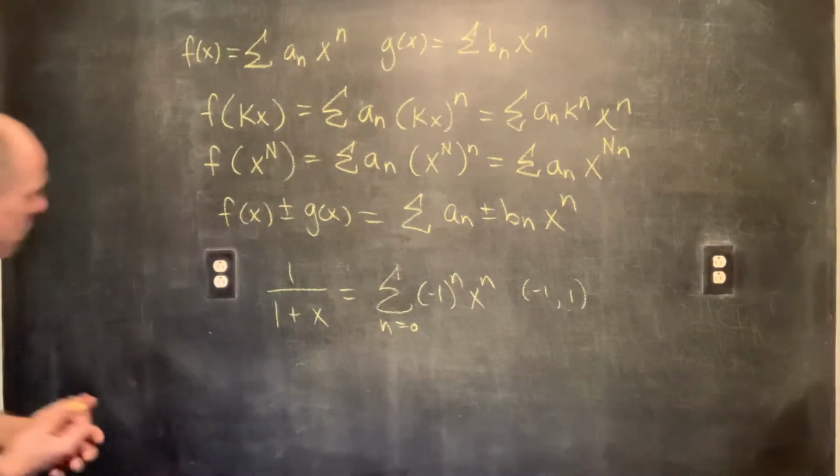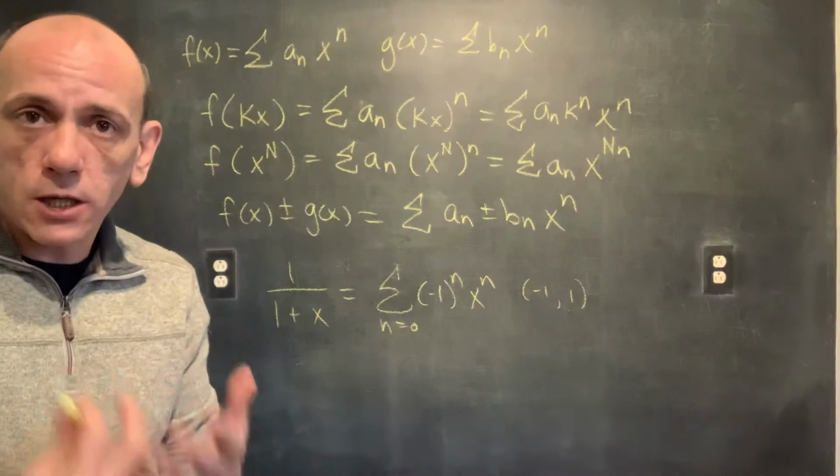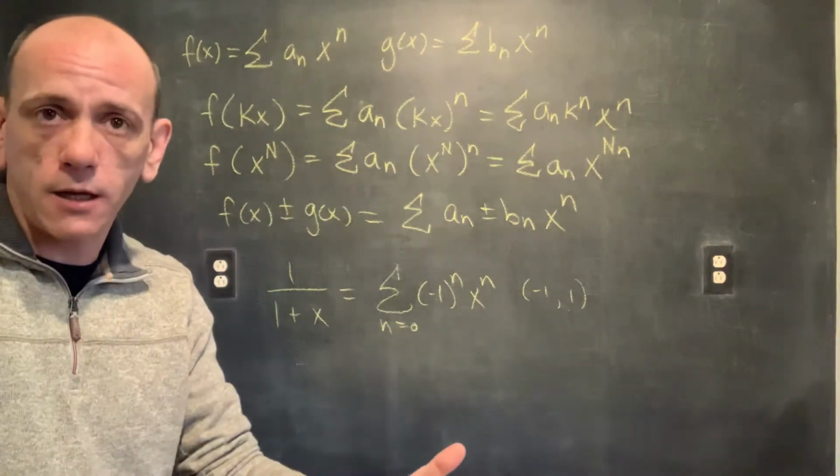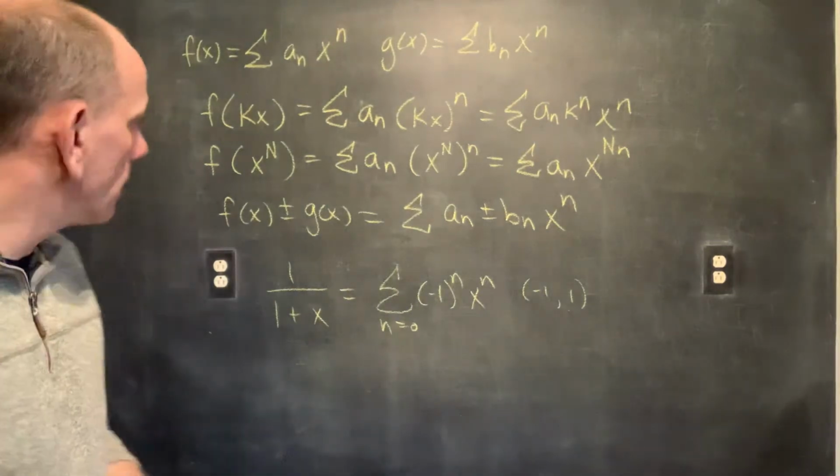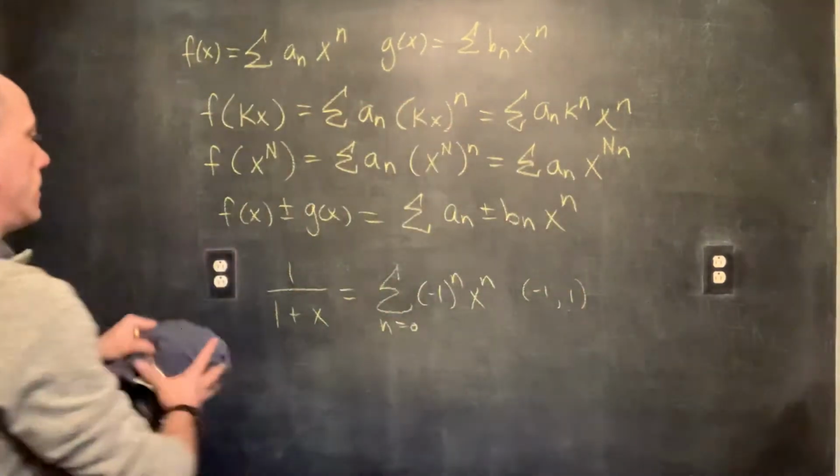Okay, so those are some nice rules that we can use to derive more complicated function representations from some of these basic structures. For example, that's why I just left this one sitting here.